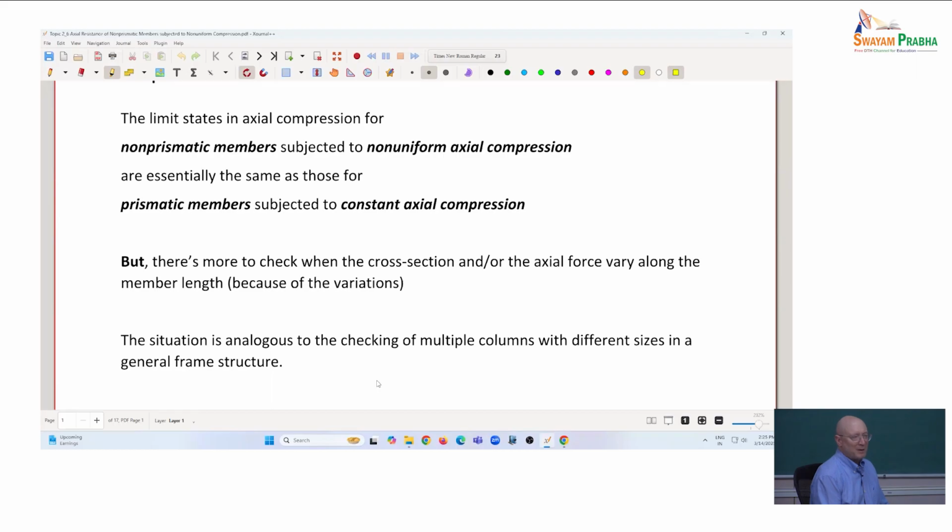Then, when we put it together with everything else, you would say, okay, I've got PU, the factored load demand, and is that less than phi PN, or in your case, PN divided by the partial safety factor? If it is, then okay, I've got more capacity to take bending or whatever. That's how we would check all those columns.